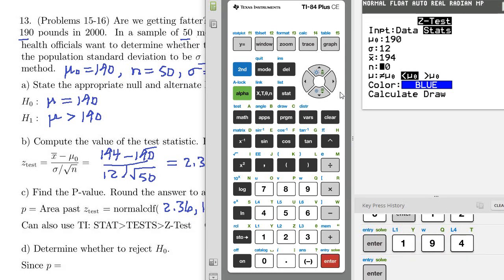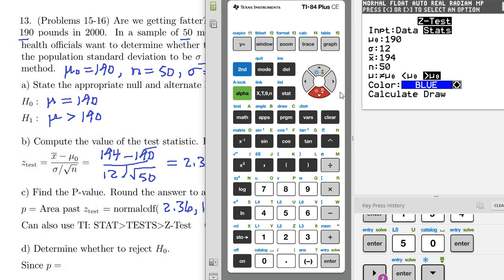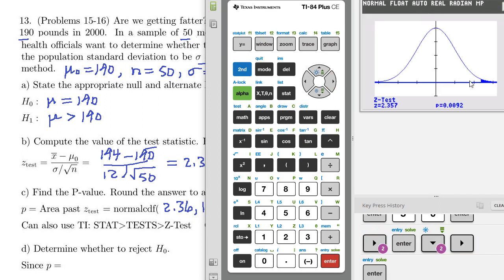X bar 194. Sample size n is 50, and this is a greater than test, so highlight the greater than. And if you go ahead and hit calculate or draw, draw will draw the distribution for you so you can see it's right-tailed. Z is 2.357, and that's what we had here.